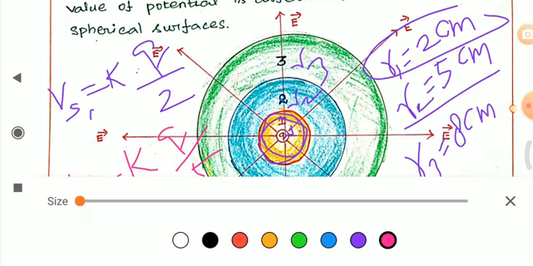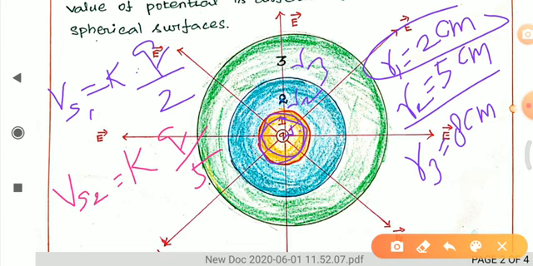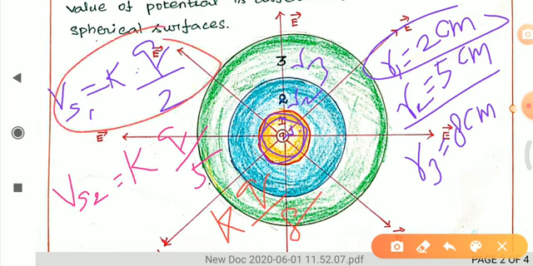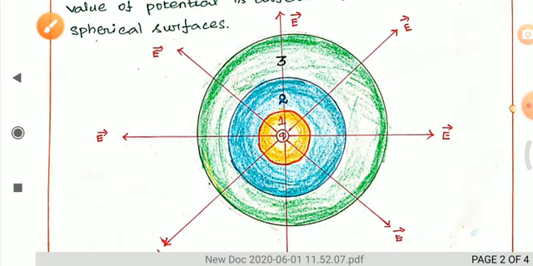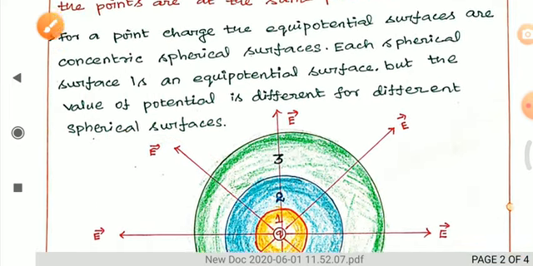What about the potential for the third surface? It is given by K into Q by 8. So for the first surface, it will be same. For the second surface, K into Q by 5. For third surface, K into Q by 8. That's why it is explained clearly.